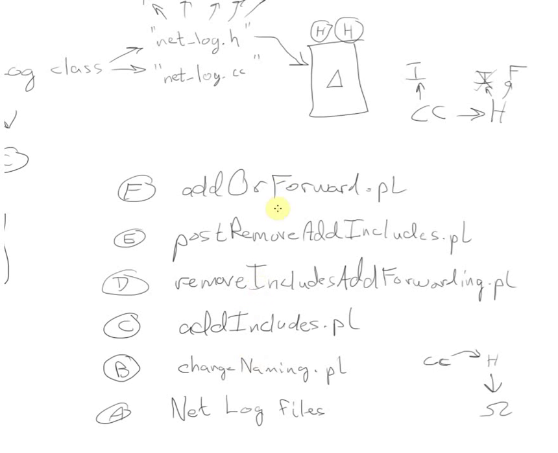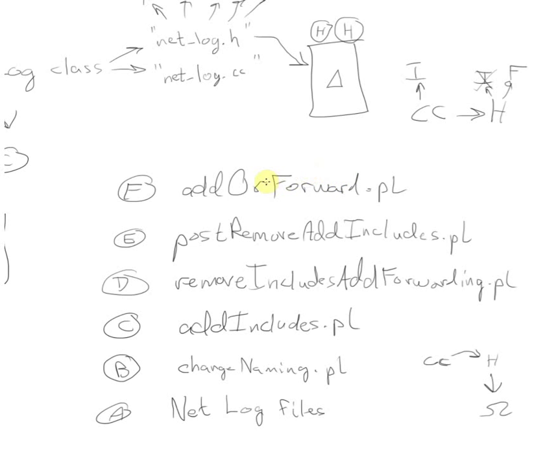So this script was basically a way to go through the code base and identify all of those include-hide landmines, the ones that I was seeing happening a lot.